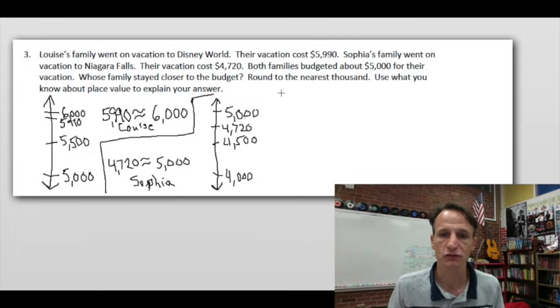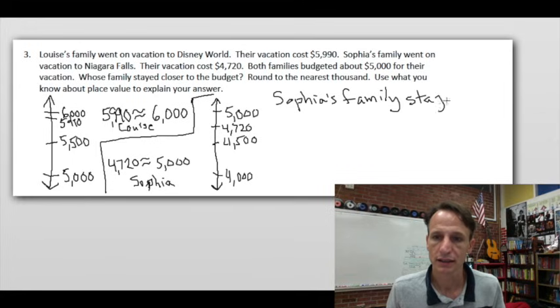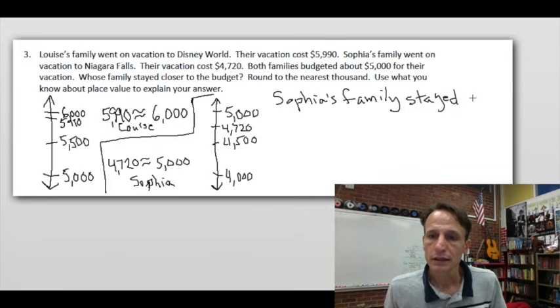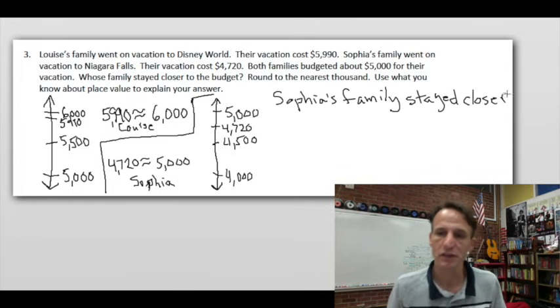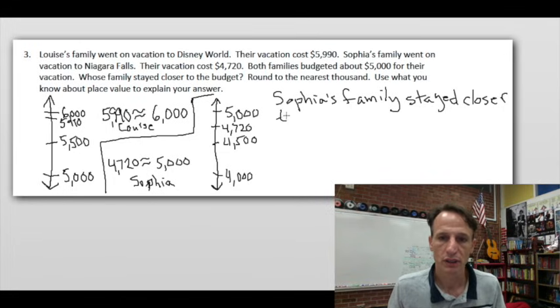We're going to say Sophia's family, we have to make sure we're answering the actual question. Stayed closer. I'm using the phrasing of the question, make sure I answer it directly and clearly to the budget.